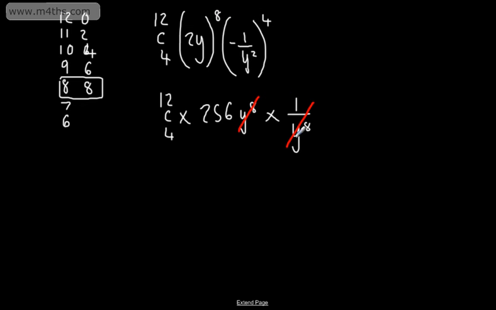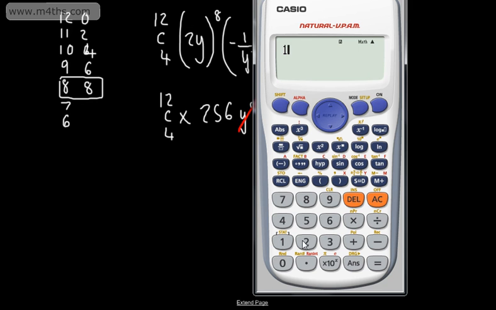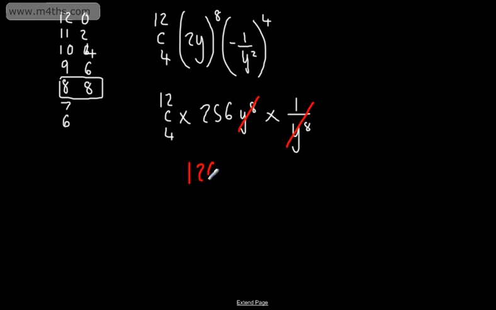Y to the 8th times 1 over y to the 8th is just 1. So all we need to do is 12c4, and that's going to give us 495 times by the 256, and that gives us 126,720, and that is a positive number.